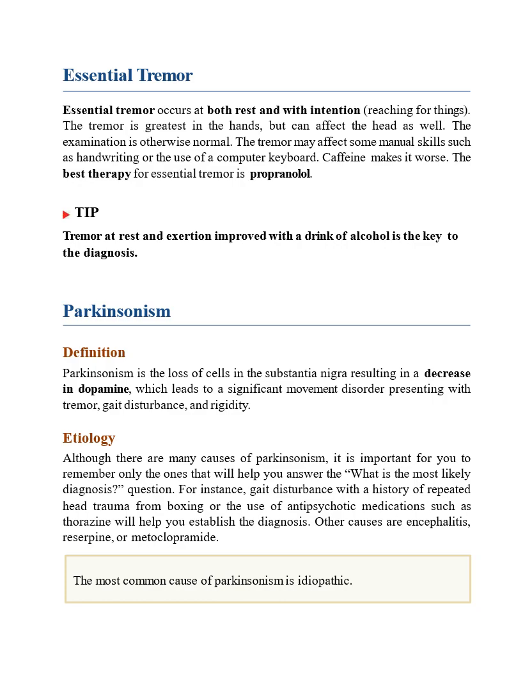The tremor is greater in the hands, but can affect the head as well. The examination is otherwise normal. The tremor may affect some manual skills, such as handwriting or computer keyboard use. Caffeine makes it worse. And the best therapy for essential tremor is propranolol.